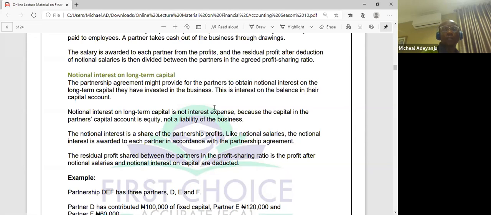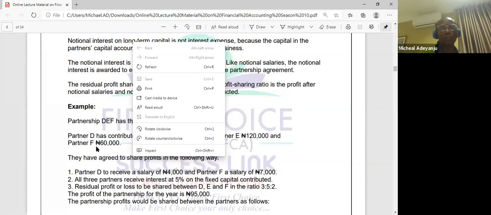Notional interest on long-term capital is not an interest expense because the capital in the partner's capital account is equity and not a liability. So let's look at an example and maybe we get a clearer picture with this.